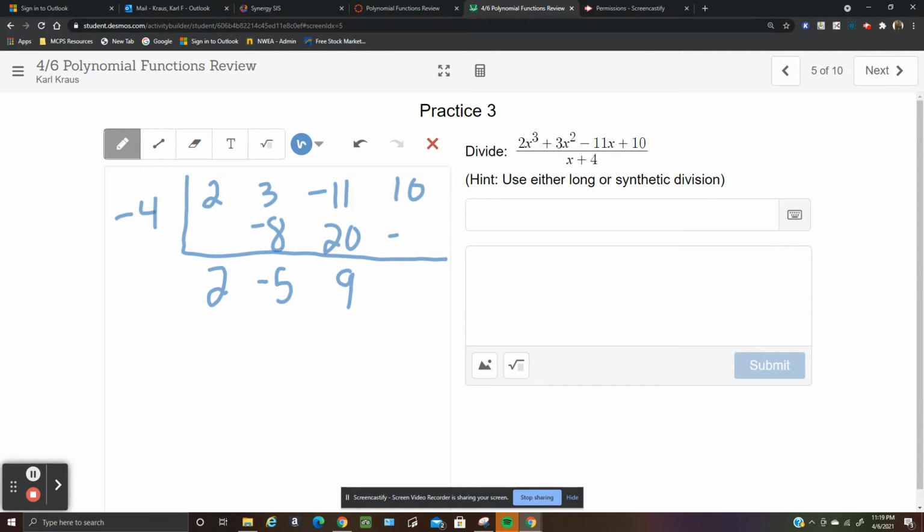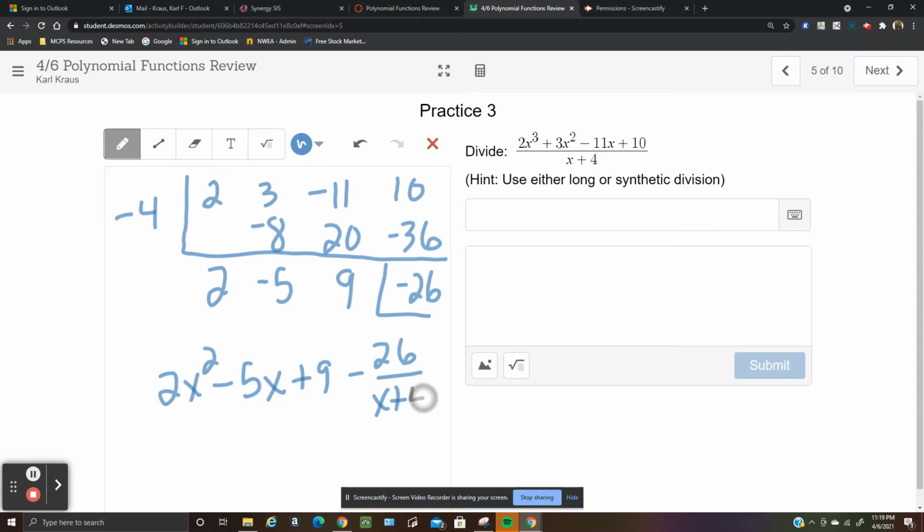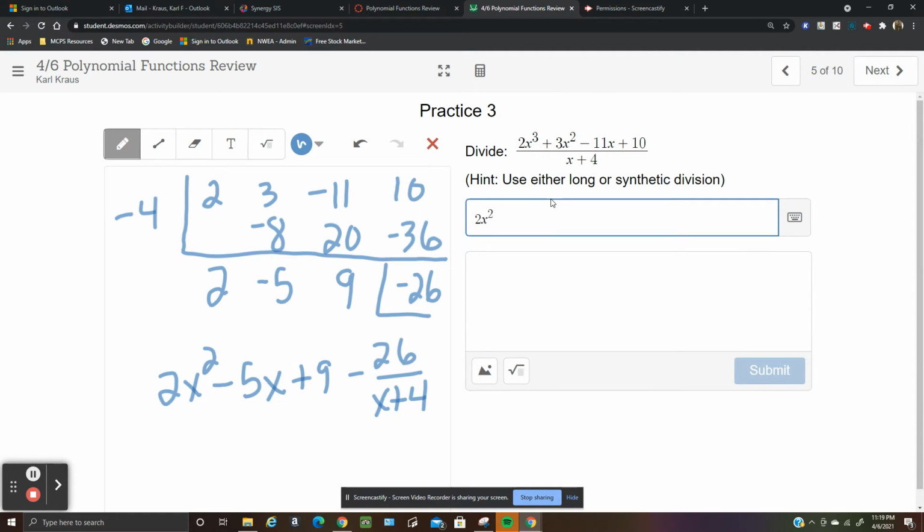Multiply, you get negative 36. And add, you get negative 26. So that's my remainder there in this bracket here. So I started with the cube. So this is 2x squared minus 5x plus 9 minus 26 over the divisor, x plus 4. So I can write that in here. The answer, x squared minus 5x plus 9.